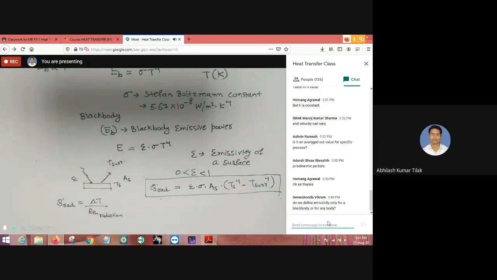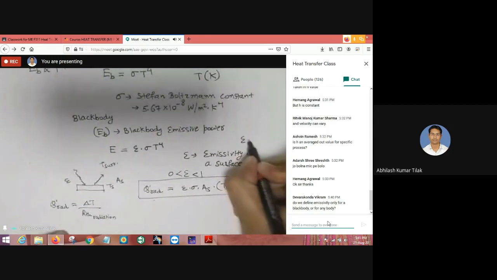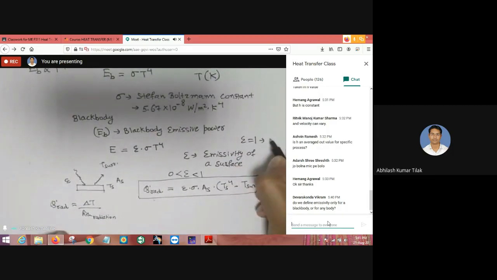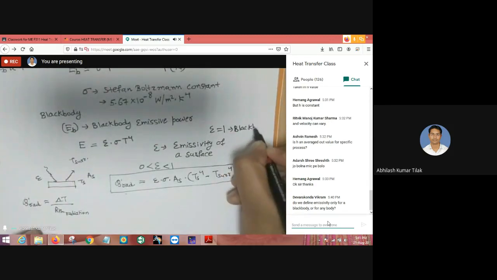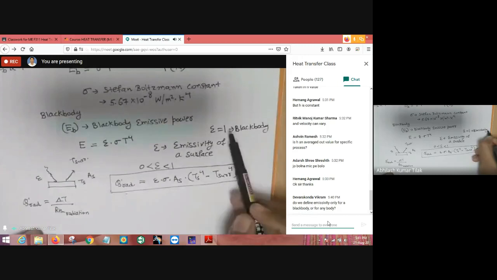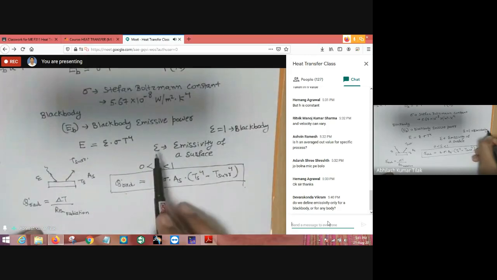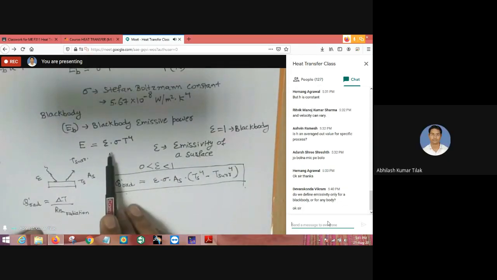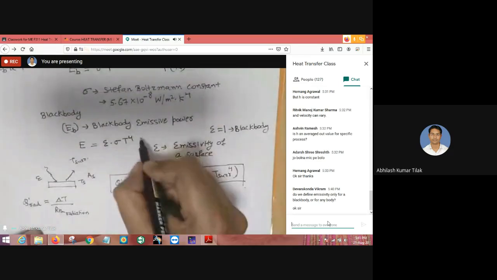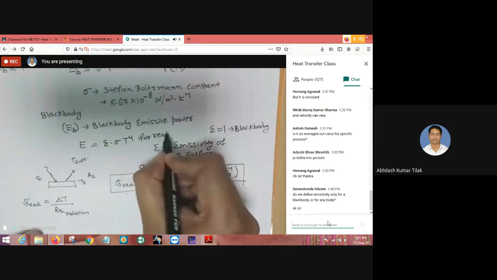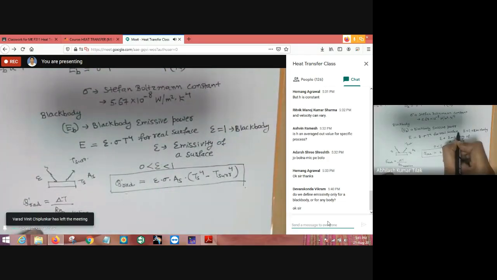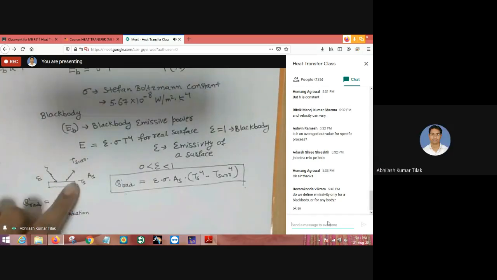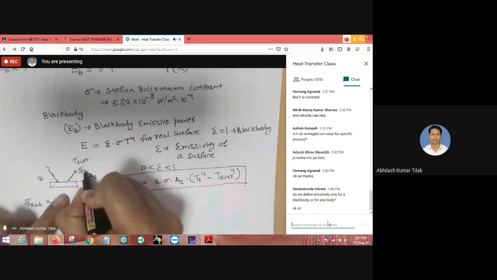A black body will have the emissivity value as 1. Epsilon is equal to 1 for a black body. And for a real surface, this emissivity is going to be less than 1. So for a real surface, you have to multiply this epsilon value to this expression. This is for a real surface. So emissivity will be of the surface from which this radiation heat transfer is going to occur. This is Q radiation.